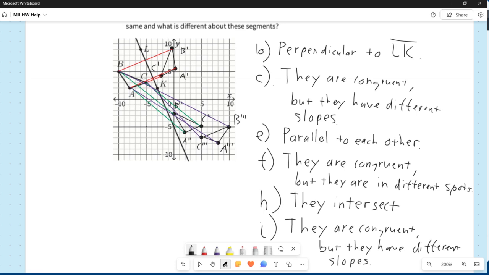And that is how the sides of my new triangle compared to the sides of my original triangle. And we are done with what is kind of a monster problem, but we got through it. So that's everything with question number 6.